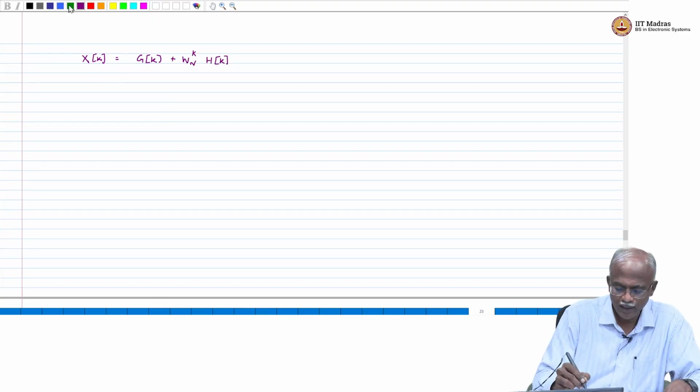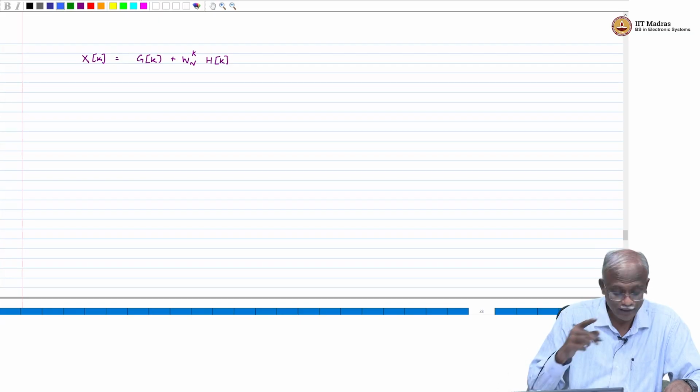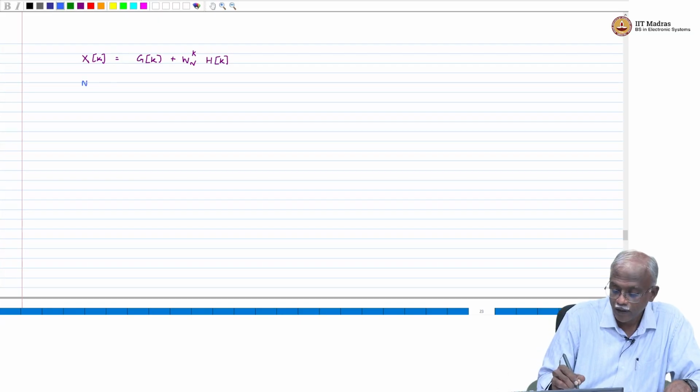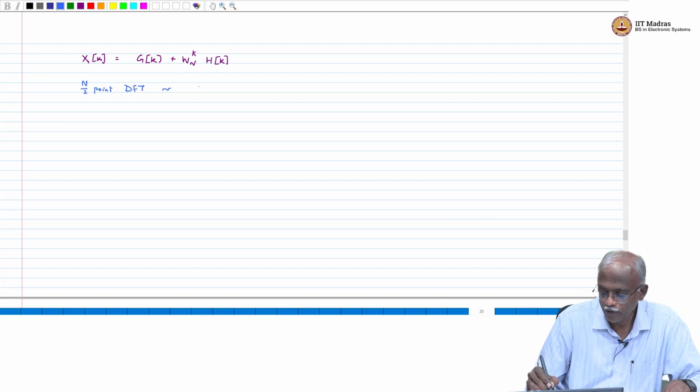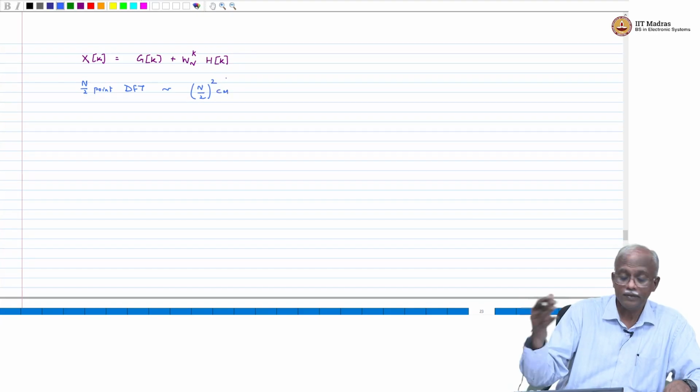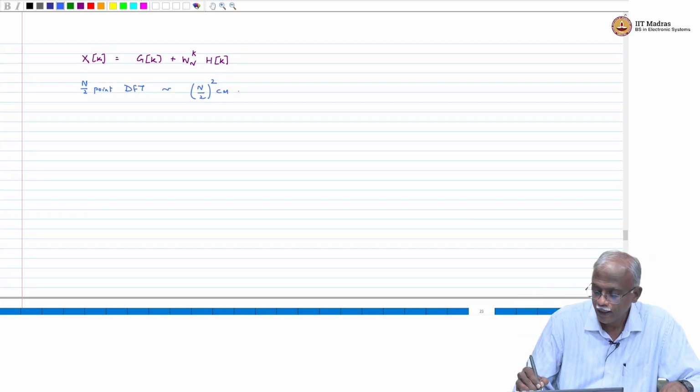Let us say that you are doing a direct implementation of the N/2 point DFTs. The complexity of an N/2 point DFT will be of the order of (N/2) squared complex multiplies, that will be the total number, plus N/2 into (N/2 minus 1) complex additions.